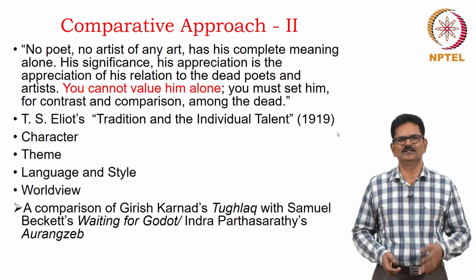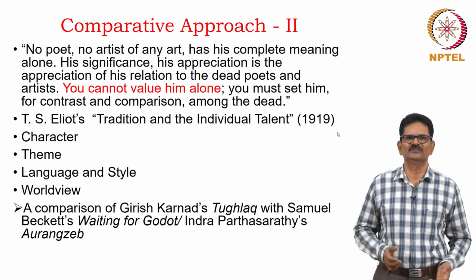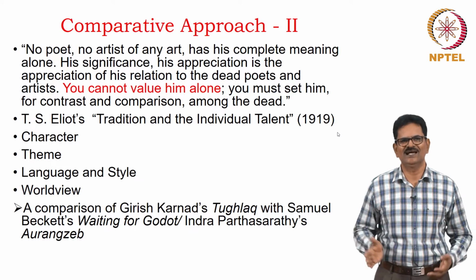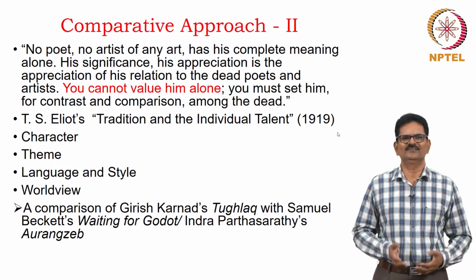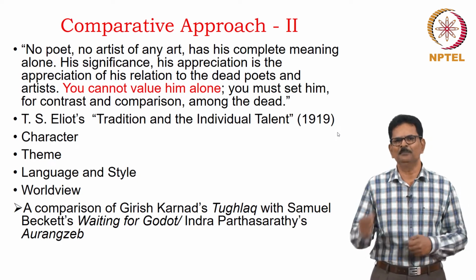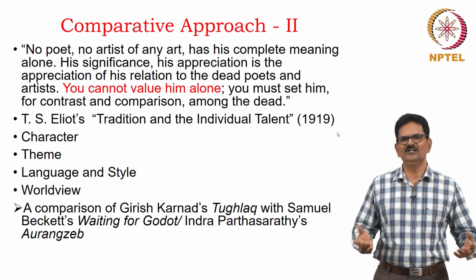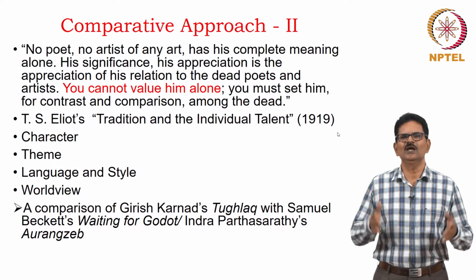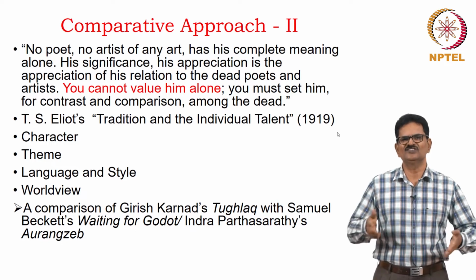As we mentioned earlier, the comparison can happen in terms of character, theme, language and style, and worldview. Here, for example, we can compare Girish Karnad's Tughlaq with Samuel Beckett's Waiting for Godot, because they are considered to be absurd plays or existential plays.